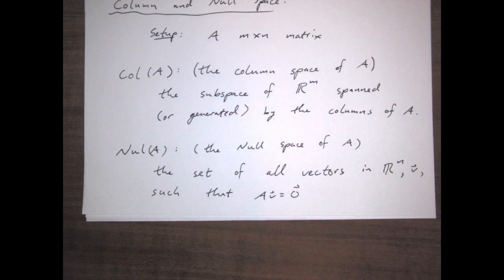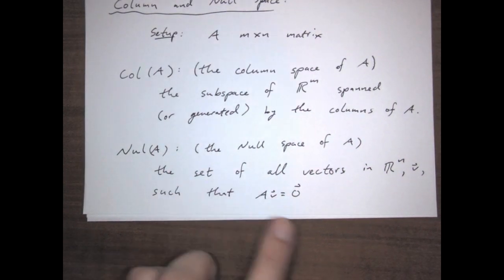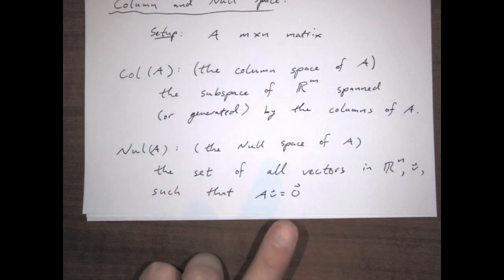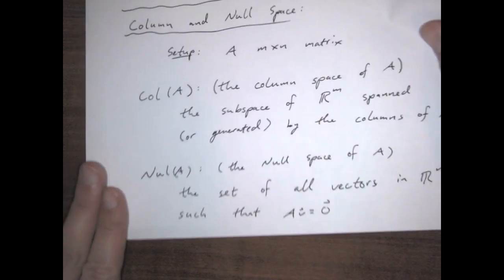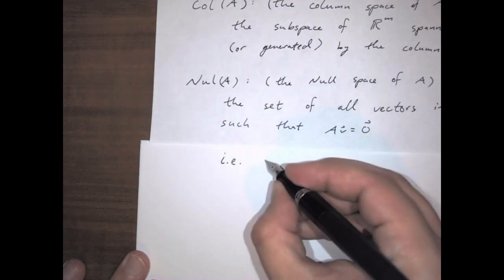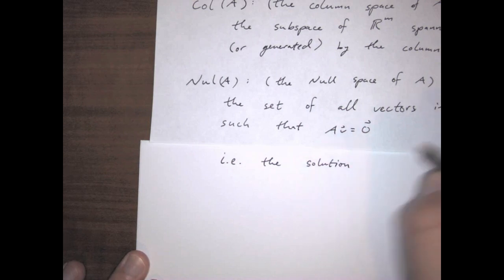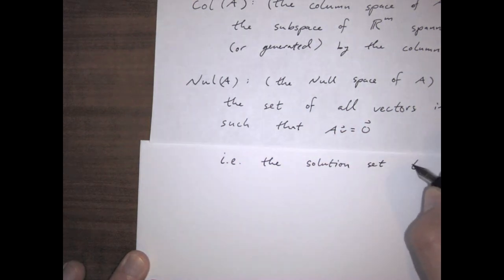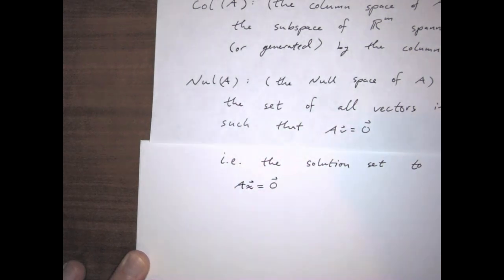And that's why it's called the null space, because null, meaning zero, refers to the fact that these are the vectors who, when you apply A to them, will produce the null vector, the vector 0. So in other words, this is the set of solutions, i.e. the solution set to the matrix equation AX equals 0.